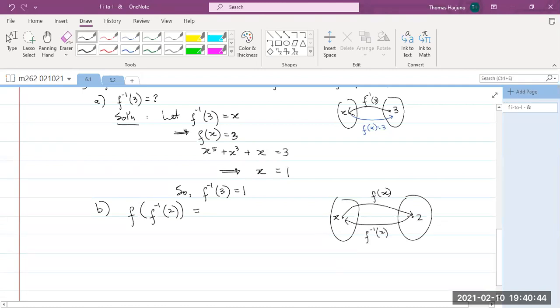Using this diagram, you can see the inverse function of 2 is x, and the function of x is 2. Basically, the function and inverse function cancel each other. Does it make sense? But hold on, I have some reservation on that. We need to make sure that 2 is in the range of the function.